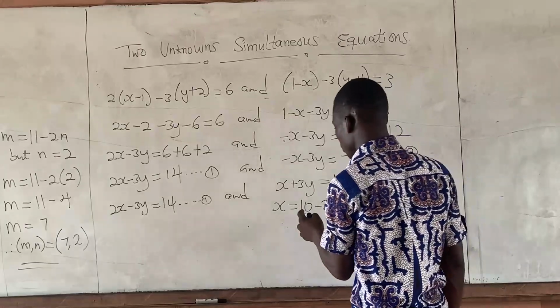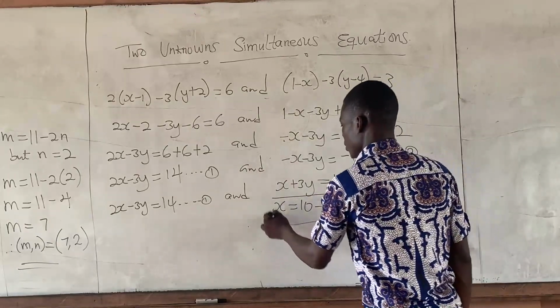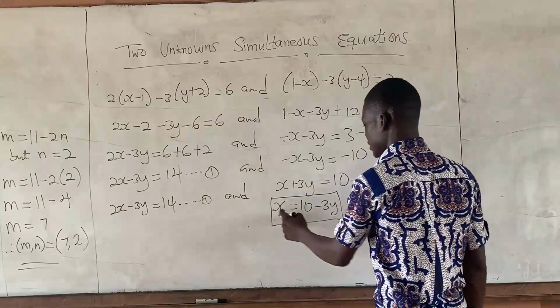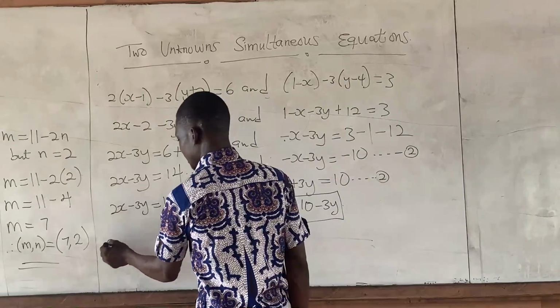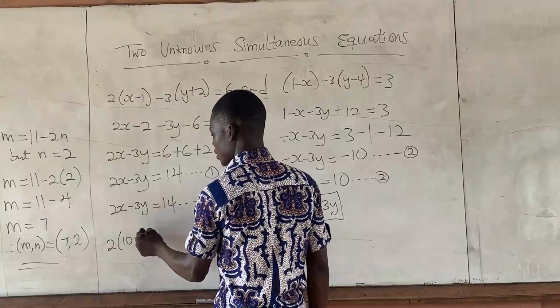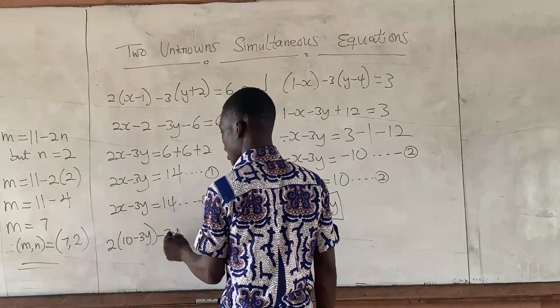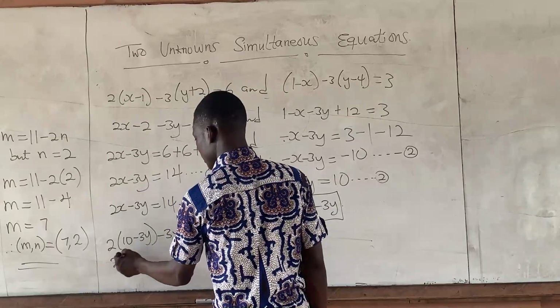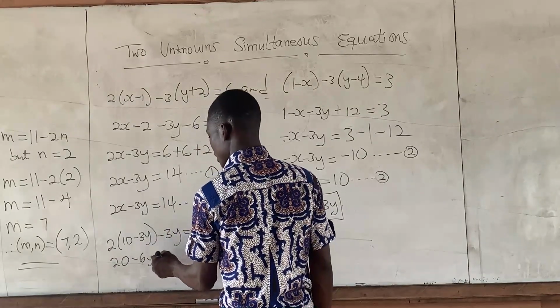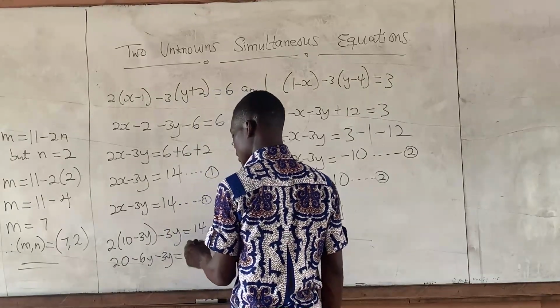So now let's put this new equation into equation 1. Where is the x? That's right there, 10 minus 3y. We have 2 times 10 minus 3y equal to 14.